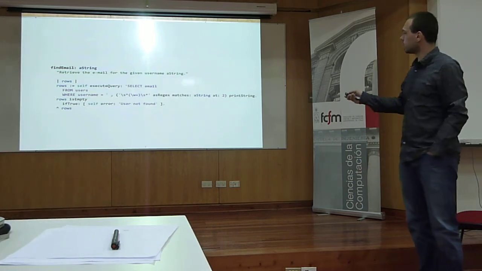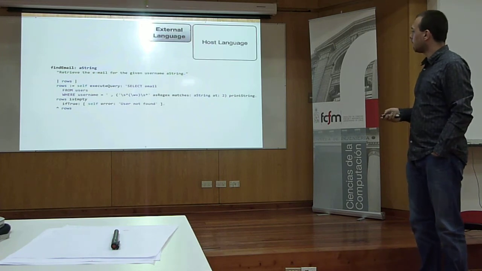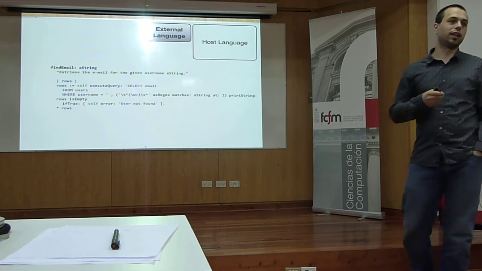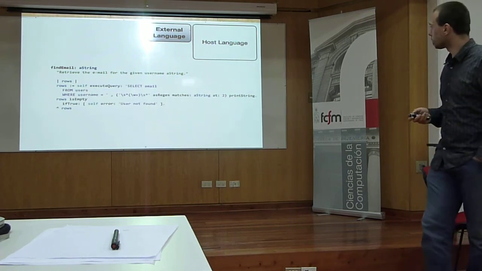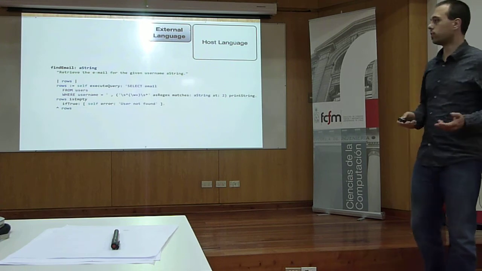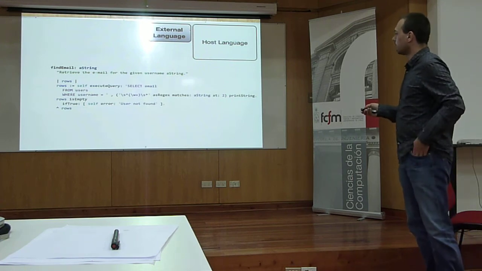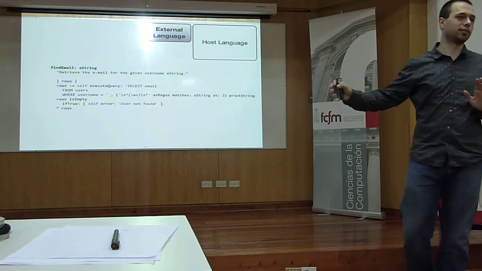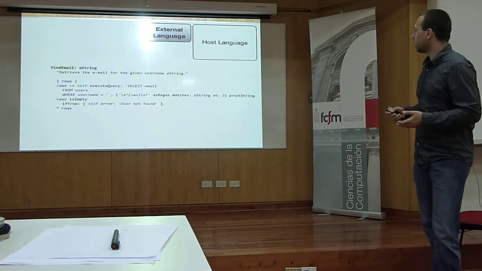What you see here is a Smalltalk method that embeds some SQL code as a string into the method body. This is called an external language use because you essentially just put the SQL code into a string and then pass it somewhere else. This has various advantages.